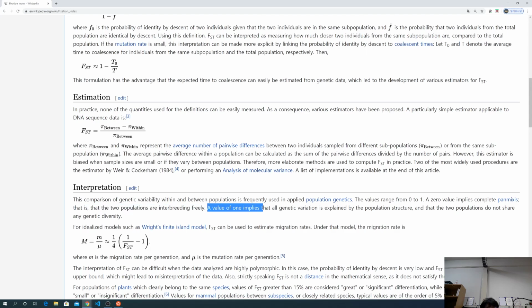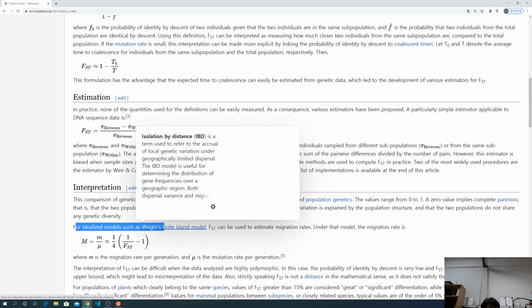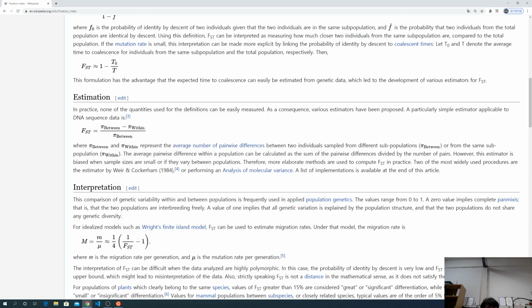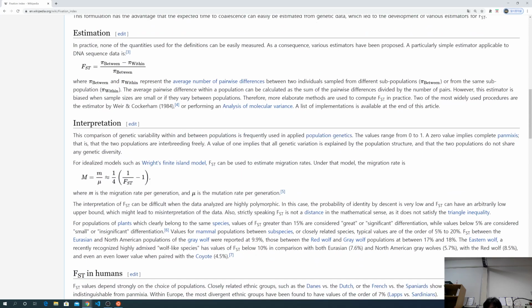A value of 1 implies that all genetic variation is explained by the population structure and that the two populations do not share any genetic diversity. For idealized models such as the finite island model, FST can be used to estimate migration rate. So under this model, migration rate is blah blah blah.